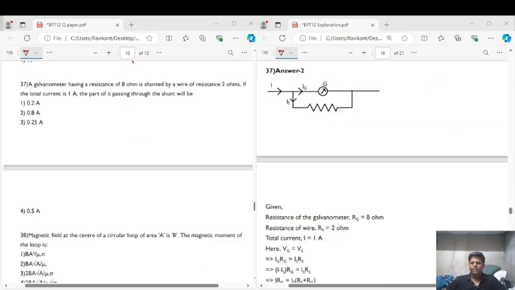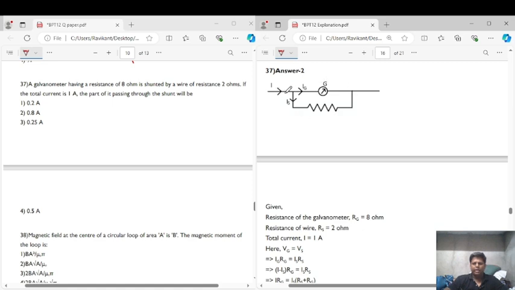Question number 37 says that a galvanometer having a resistance of 8 ohm is shunted by a wire of resistance 2 ohm. If the total current is 1 ampere, the part of it passing through the shunt will be. So if we draw the diagram for a galvanometer which is converted into a meter, it is like this.